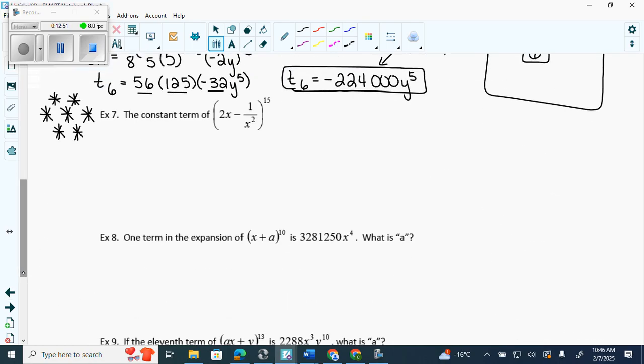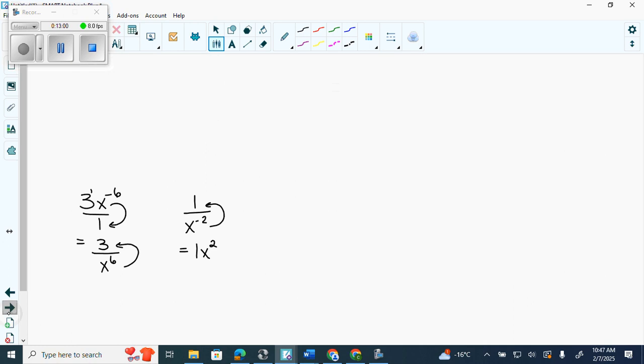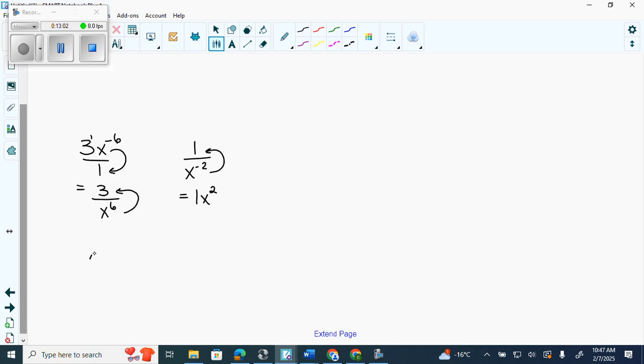So, when I see this next one, it wants the constant term. The constant term is the term without a variable. Now, this is why. If I gave you 2x squared plus 3x plus 4, and I said f of x equals this, and then I put in f of 2, let's say, right? 2 times 2 squared plus 3 times 2 plus 4.